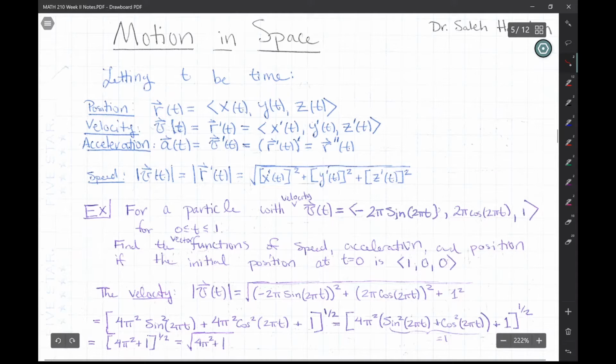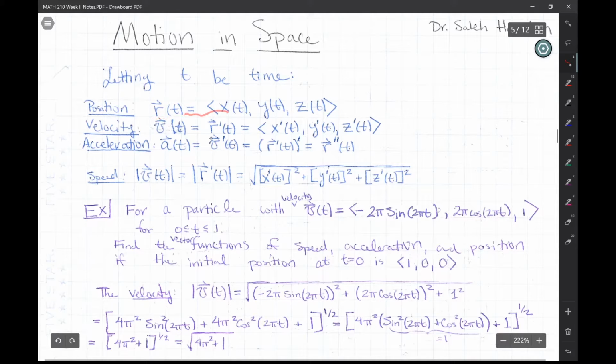The important part is that t represents time, and this is the position in real space.